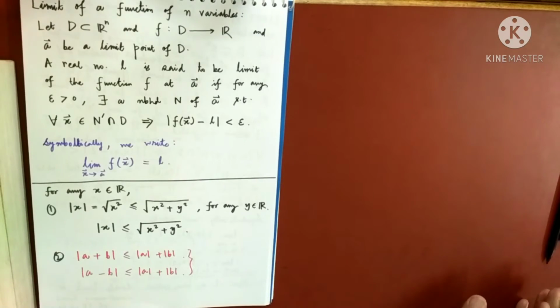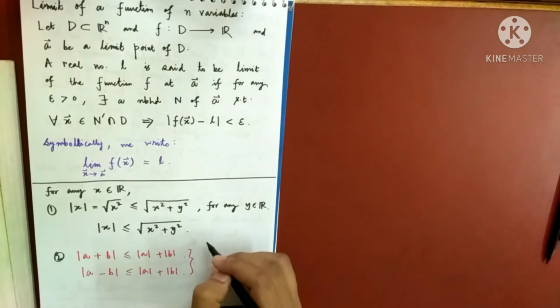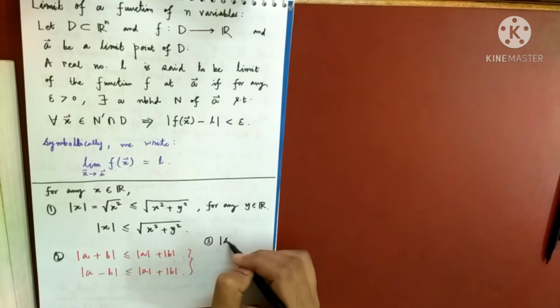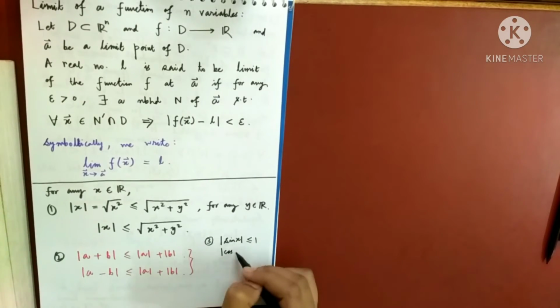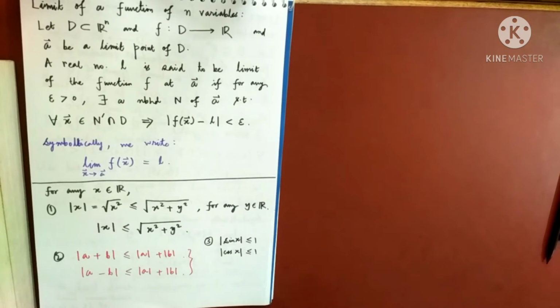Some more results, number 3, mod of sin x is less than or equal to 1. Mod of cos x is less than or equal to 1. All these things will be required in the sums while evaluating the limit.